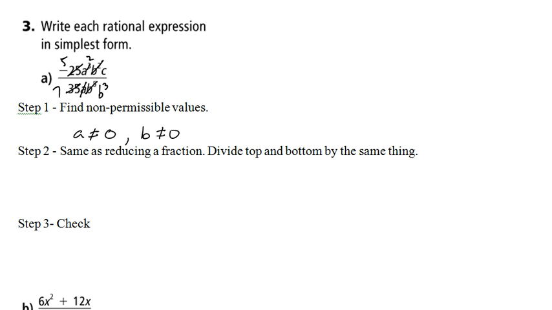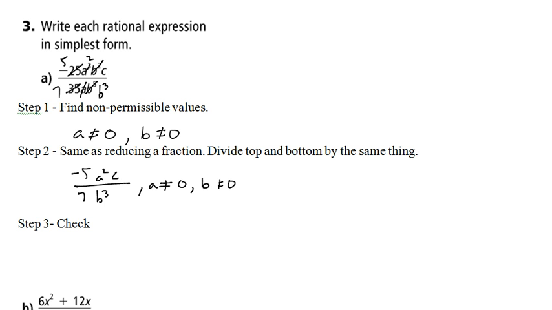B cubed on the bottom, and there's nothing I can do with the c. So I end up with negative 5 over 7 a squared c all over b cubed. And notice that still a can't equal 0 and b can't equal 0.